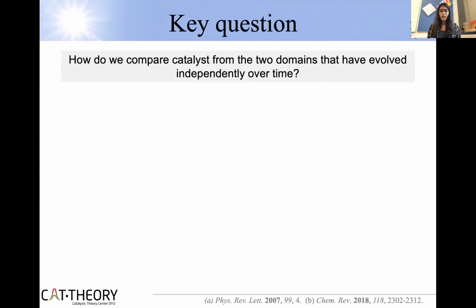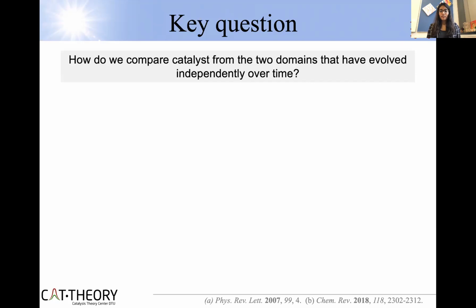Now, the question is that if we want to develop the best possible catalyst for a reaction, we should be in a position to compare different catalysts, as I mentioned in the second slide. But how do we compare catalysts from two different domains that have developed independently over time?